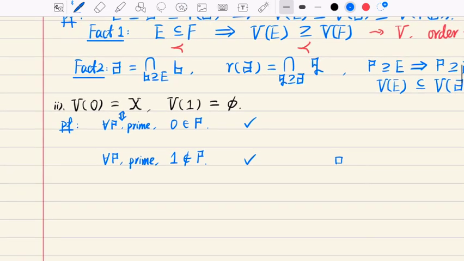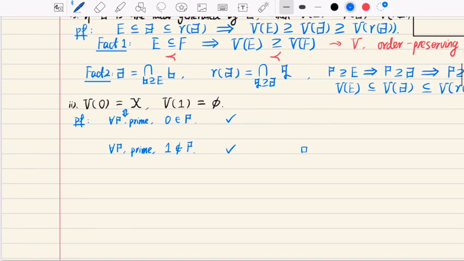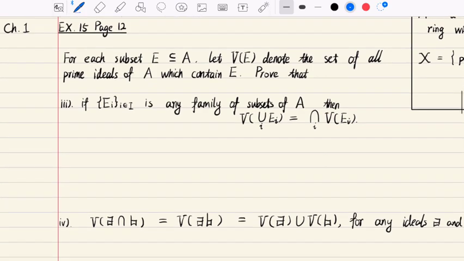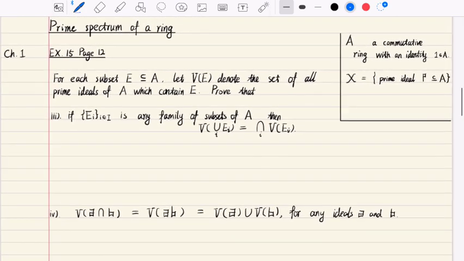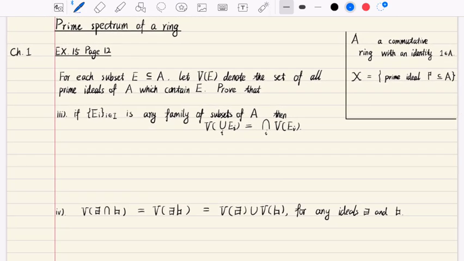And we will see the meaning of this question later. But let's go through the third question and the fourth question.